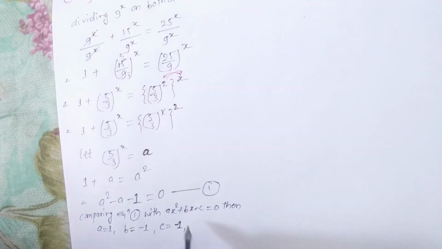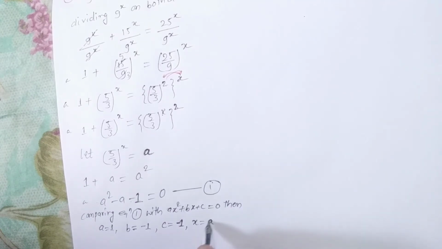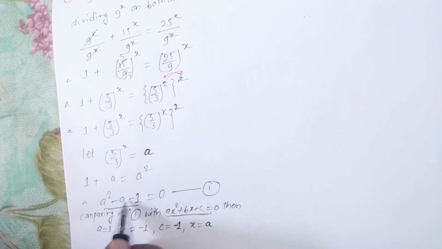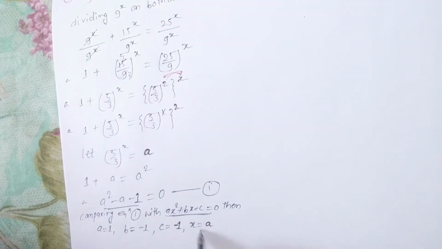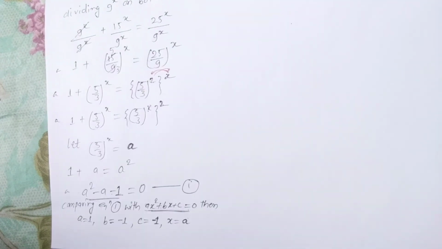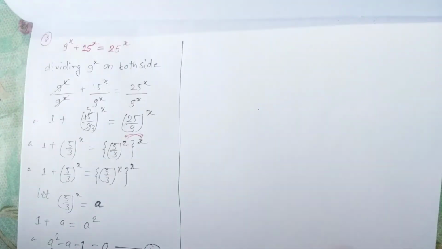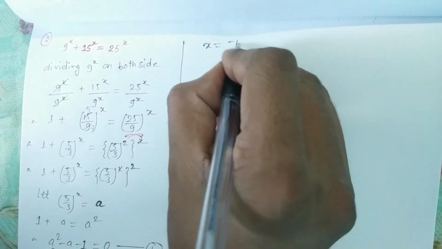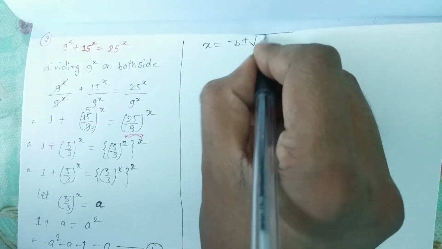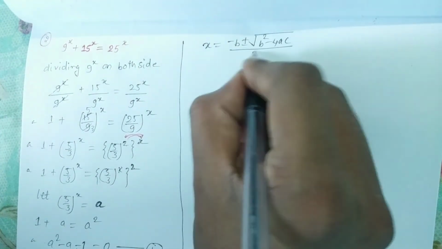And then here x is equal to a, because in the standard equation x is the variable, but in equation 1 the variable is a. Now we know the formula for the quadratic equation: x is equal to -b plus minus root over b square minus 4ac by 2a.